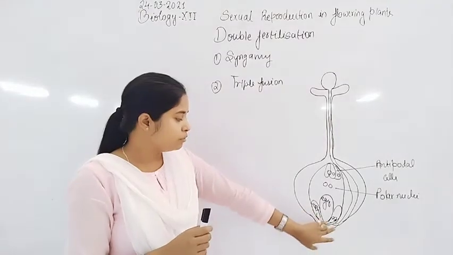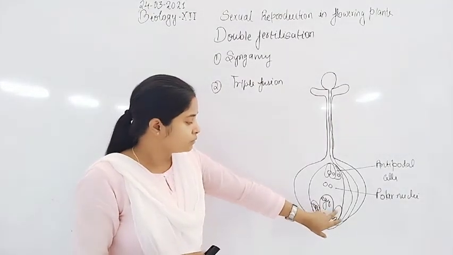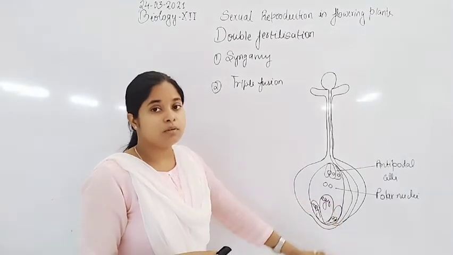Finally, with the help of this pollen tube, the male gametes transfer inside the embryo sac towards the synergids.